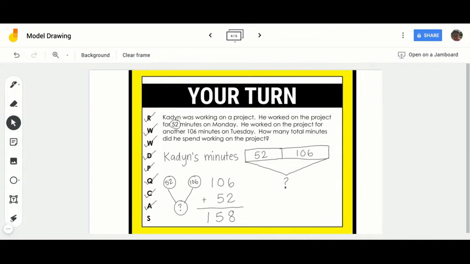Now I'm to my last step, which is my sentence. How many total minutes did he spend working on the project? So I'm going to say Caden, and write this sentence with me. Don't forget this step. Caden spent 158 minutes working on his project.